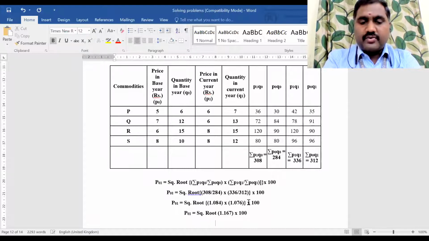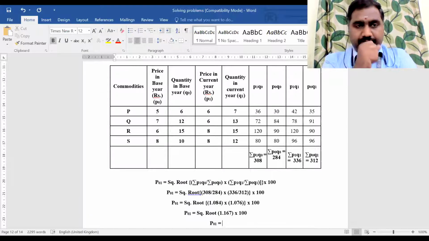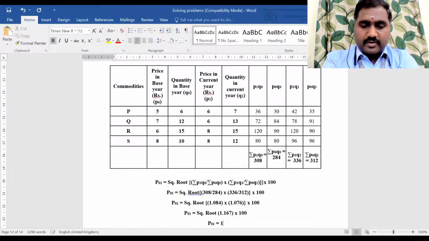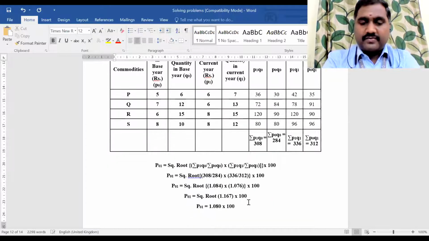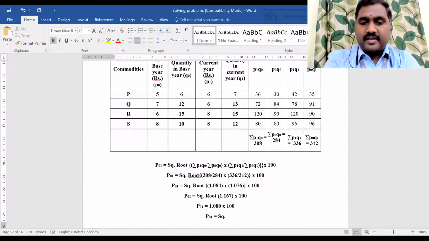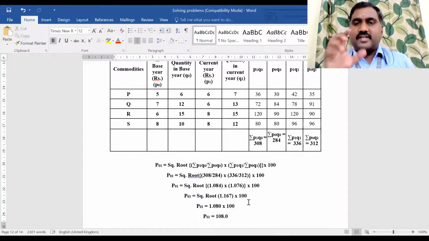Now what is the square root of 1.167? 1.080, into 100. Very good. Therefore the P01 value will be 108.02. So we got the Fisher index now.